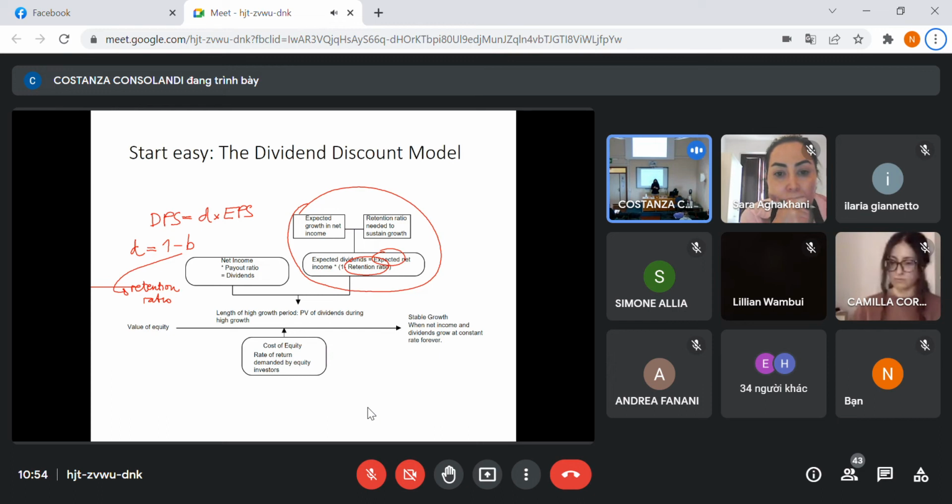Or you could say, yes, but I could work directly with dividend, with payout. Nope. And the reason is here. Retention ratio needed to sustain growth. And let me exit from the box for a while. But not because we think out of the box, but simply because I need to borrow some notions from outside.